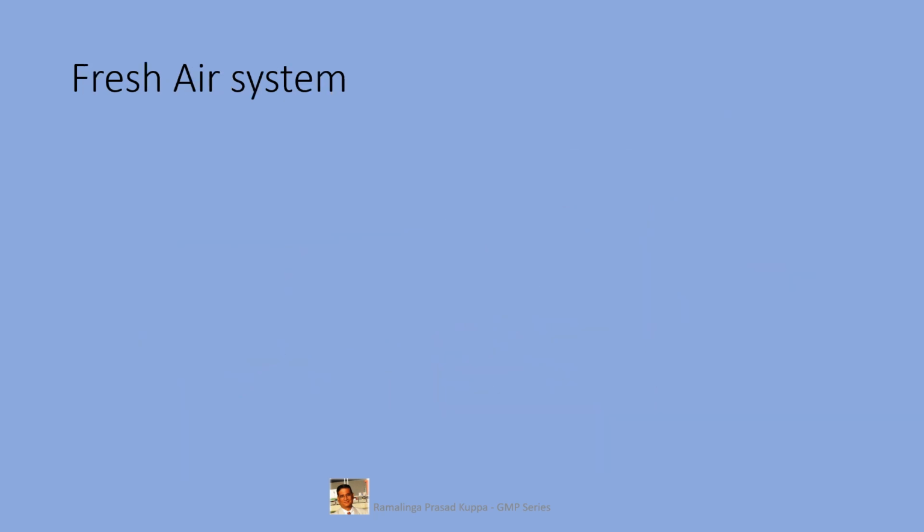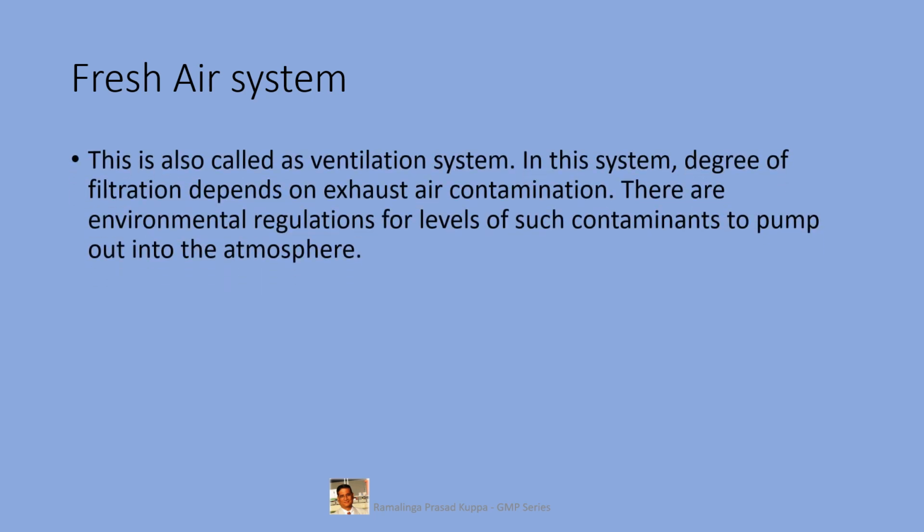Let us see how fresh air systems work. This is also called a ventilation system. In this system, the degree of filtration depends on exhaust air contamination. There are environmental regulations for levels of such contaminants that can be pumped out into the atmosphere.